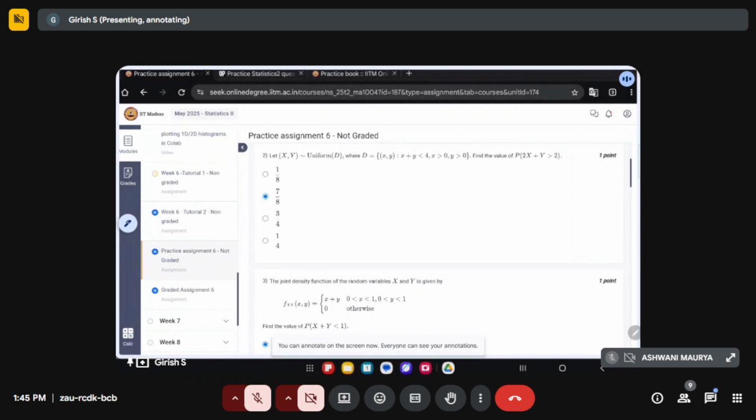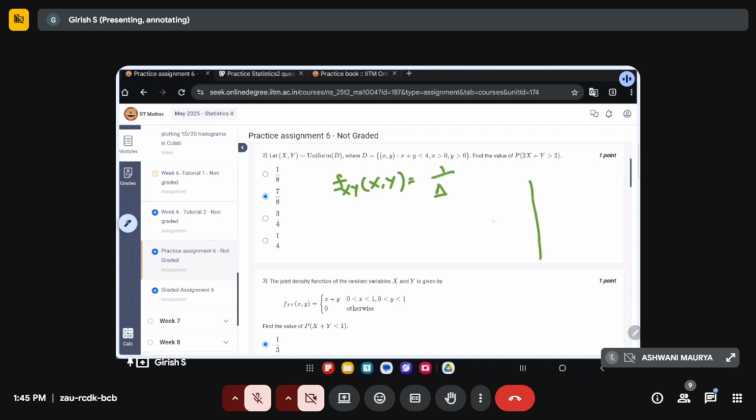So x and y follow a uniform distribution, and they have given this one to you. And what is the probability of this? Let's first find out f of x comma y, which is nothing but 1 by delta.